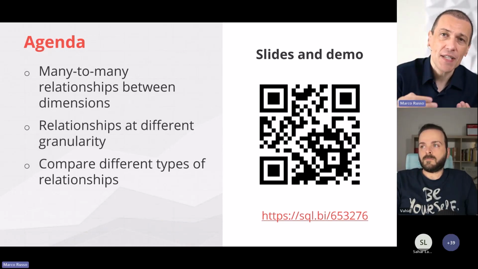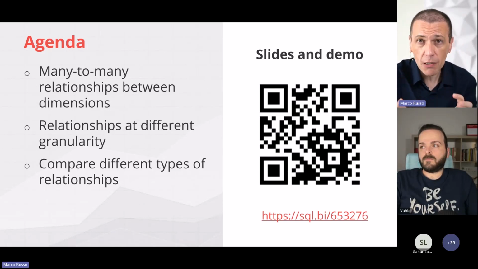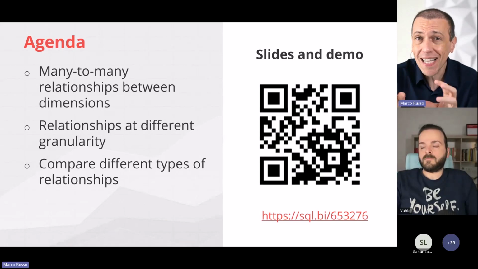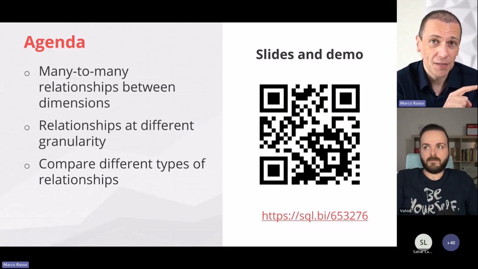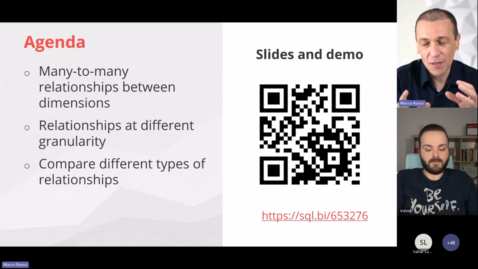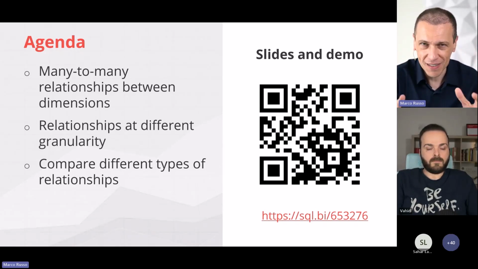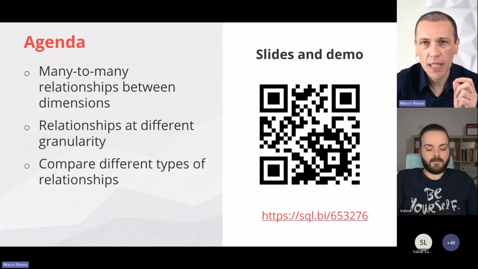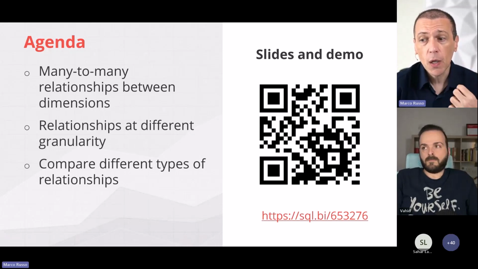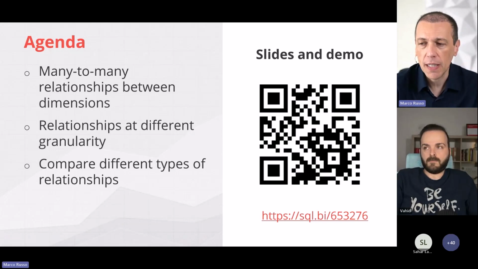That is the place where I'm going to introduce the many-to-many cardinality relationship, which is a particular type of relationship in Power BI that doesn't cover the former concept that we will see in the first part of the demo. So the first part of the demo of the session is about what the world outside of Power BI thinks a many-to-many relationship is, which is actually what it is, and then what we have with a similar name in Power BI, which actually matches a different scenario, different requirements that we will see in a demo.